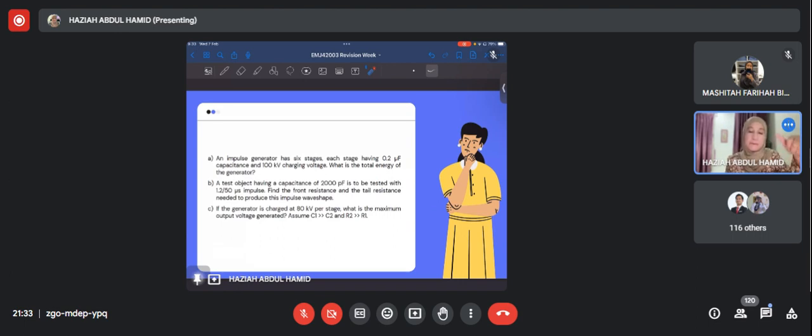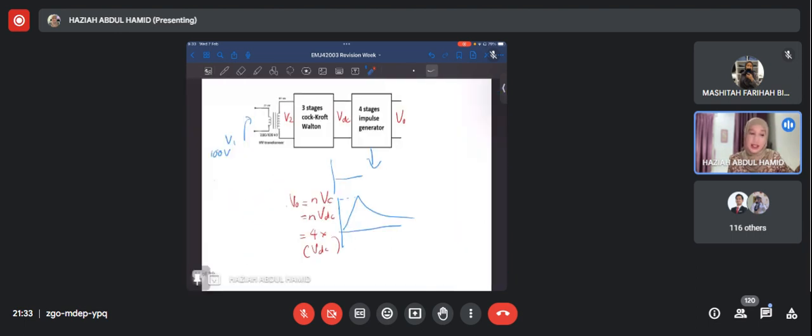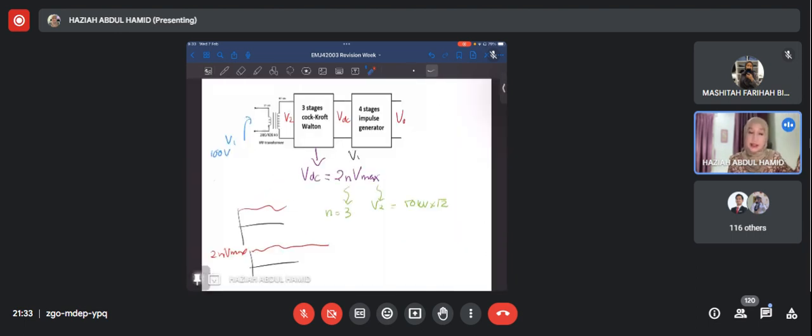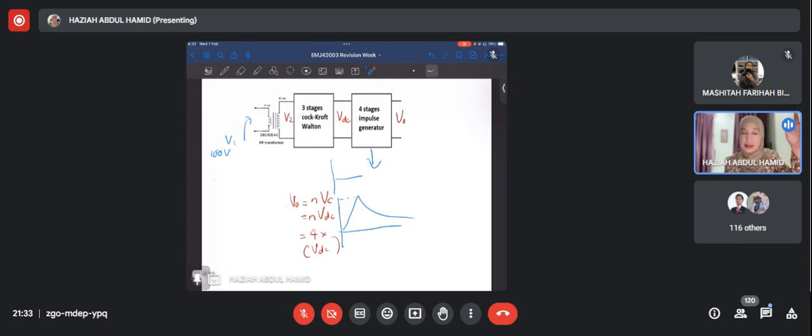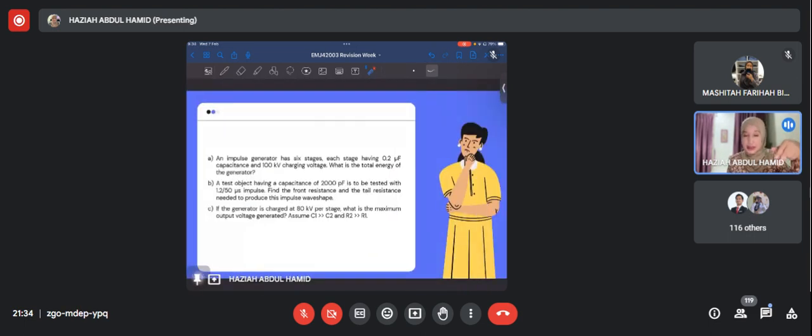Question 1, in your final exam taken from chapter 5. Question A is like what I showed earlier, testing transmode with series resonance. B is like just now, more or less like this, not 100% the same but similar. And then C is about the impulse generator.